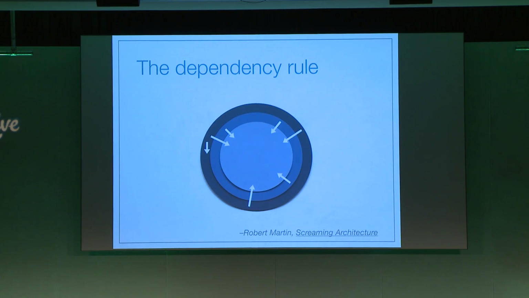So Robert Martin, in his article "Screaming Architecture," which explains his idea of the clean architecture, which is very much like hexagonal architecture, introduces the dependency rule, which is one of those rules for things crossing layer boundaries.